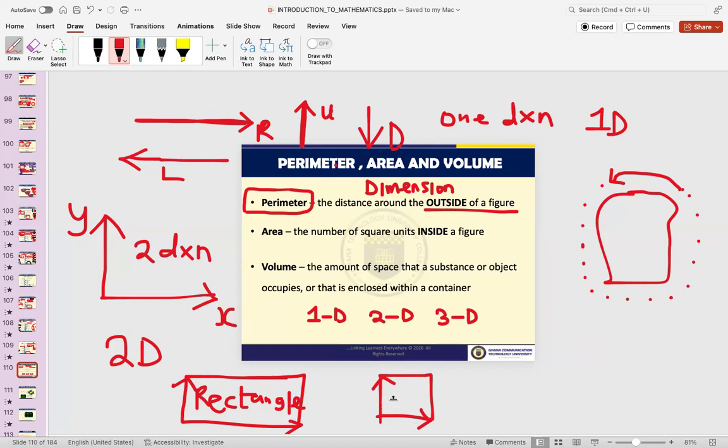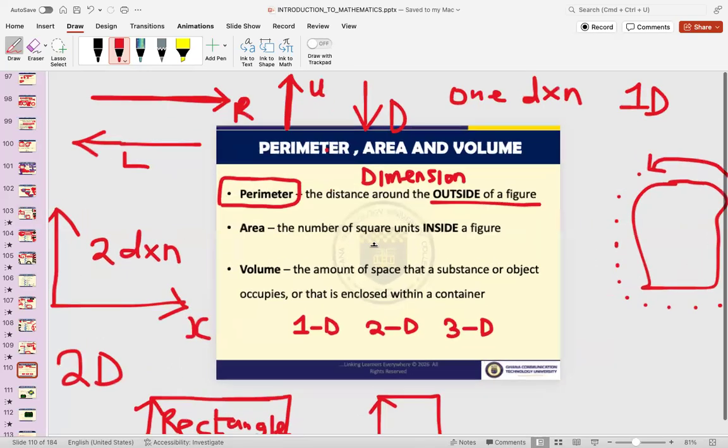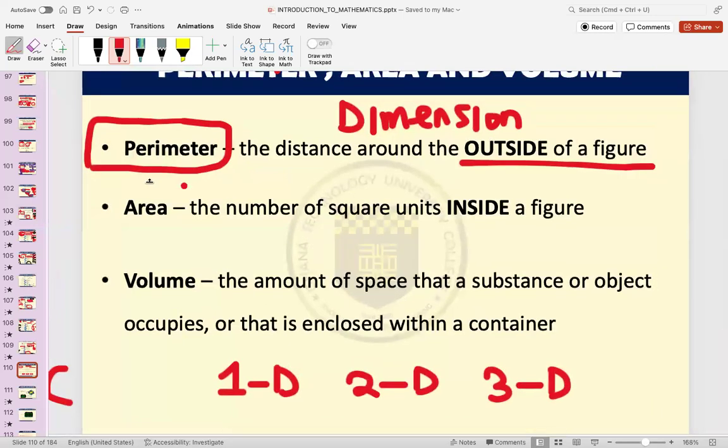So when you are moving around an object with these 2 directions, which is called 2D, the mathematical name we give to it is called the area. Anytime you hear about the area of an object, it means that you are performing 2 directions at the same time around the object. So if I have a square, there's no need moving around all of it.